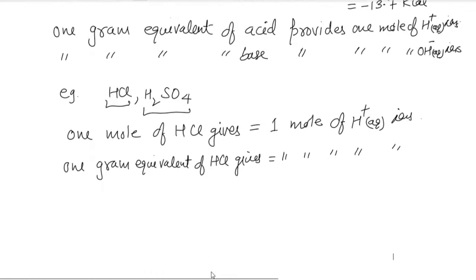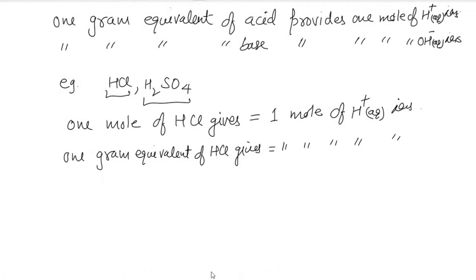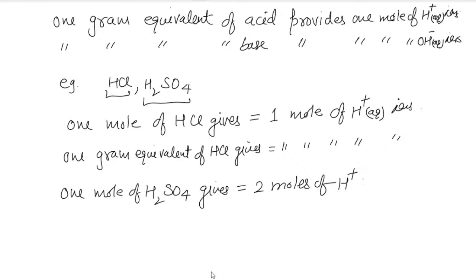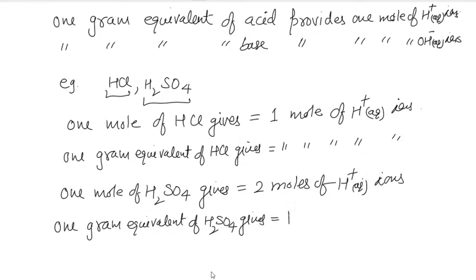But if you talk about H2SO4, then 1 mole of H2SO4 gives 2 moles of H plus ions, but 1 gram equivalent of H2SO4 gives 1 mole of H plus ions.